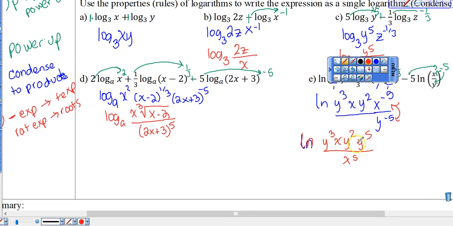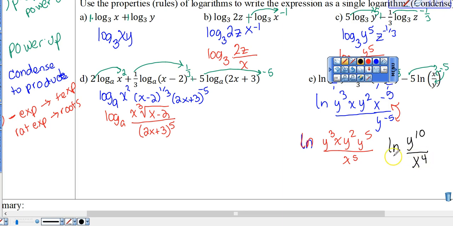So in my numerator, how many y's do I have? Imagine. 3, 4, 5. How many? So the natural log of y to the 10th over, and I have 1 x in the numerator and 5 of them in the denominator. So how many do I have left in the denominator?